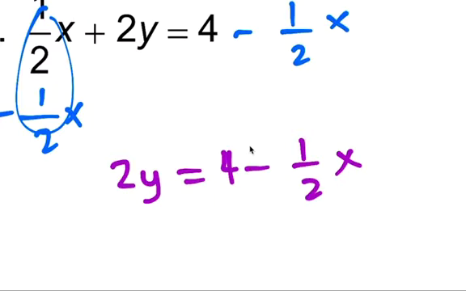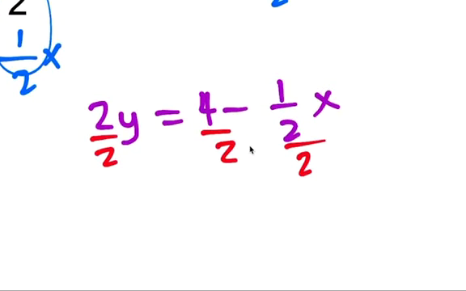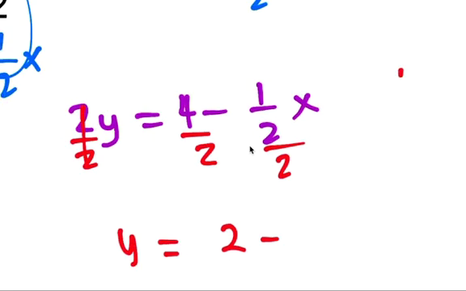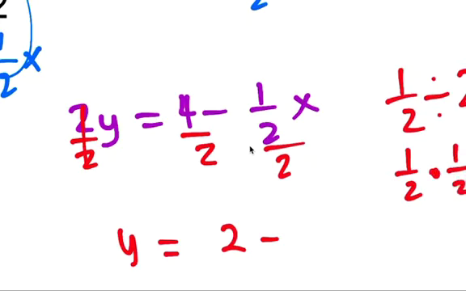You have to get rid of the 2 by dividing all of them by 2. And then this is y equals 2 minus 1/2 divided by 2. You keep the first one, change, and flip, so that's 1/4 x.